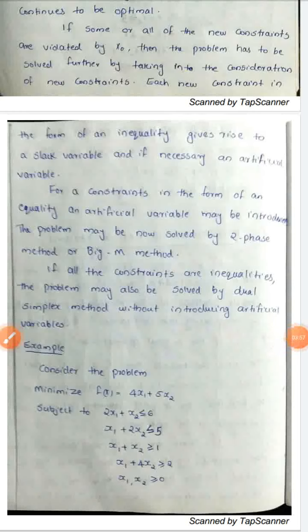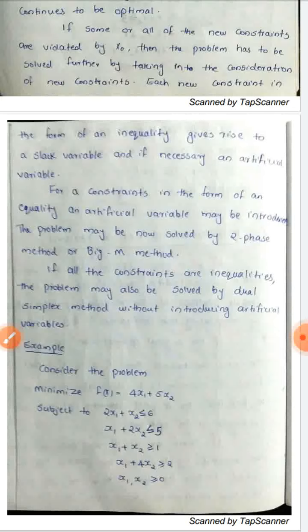Next consider the example. Minimize f of x equal to 4x1 plus 5x2 subject to the constraints 2x1 plus x2 less than or equal to 6, x1 plus 2x2 less than or equal to 5, x1 plus x2 greater than or equal to 1, x1 plus 4x2 greater than or equal to 2, and x1, x2 greater than or equal to 0.